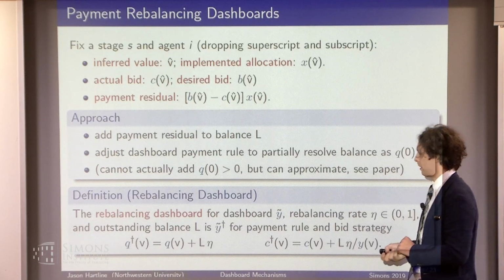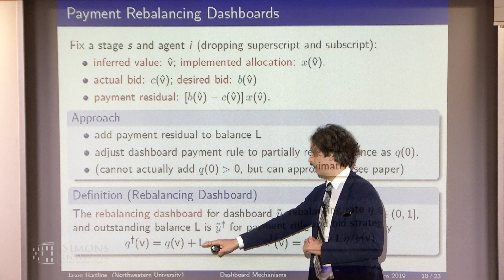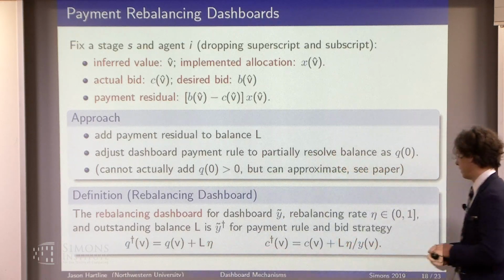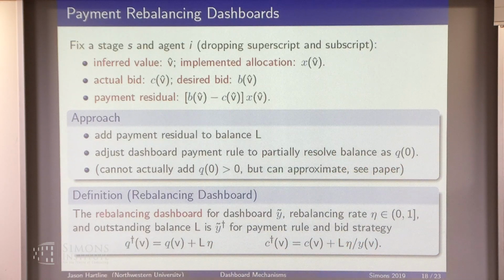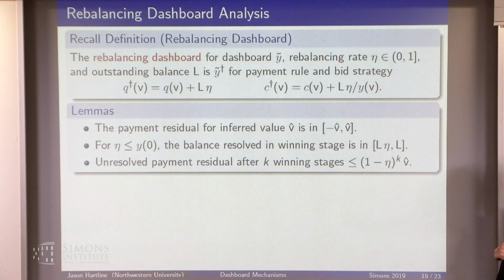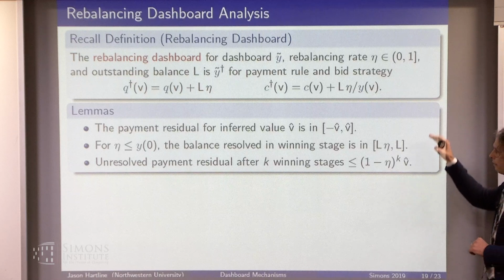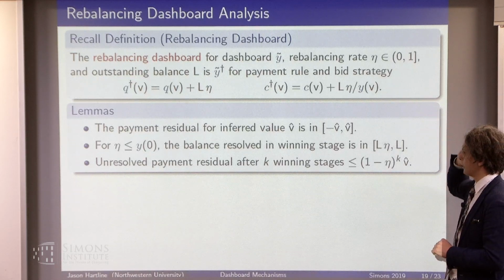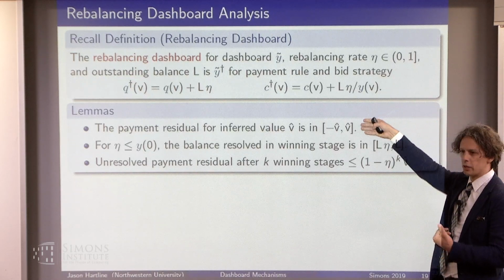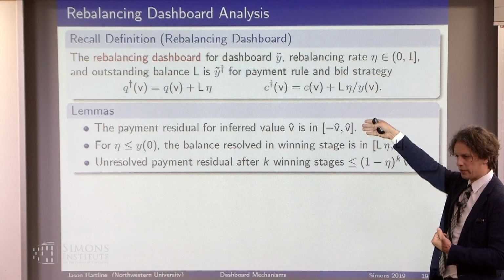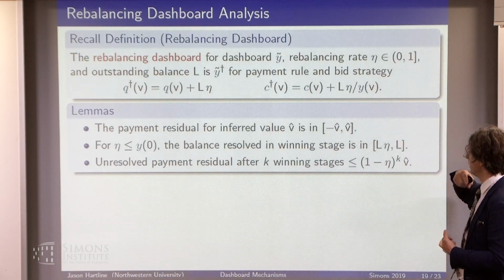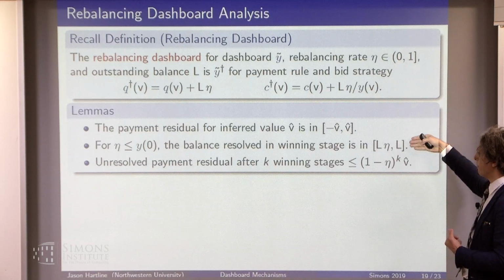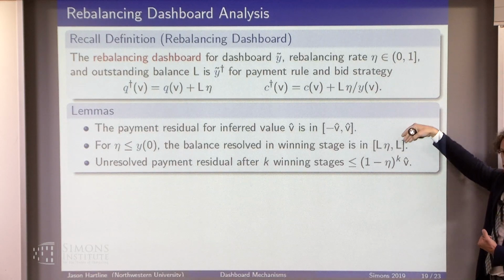Cool. So the details, I think I want to skip given the time because it's not all that exciting. The main lemmas that go into analyzing this dashboard are proving that the additional payment residual from every round is bounded between minus v and v, that we resolve a balance, but we never overshoot.